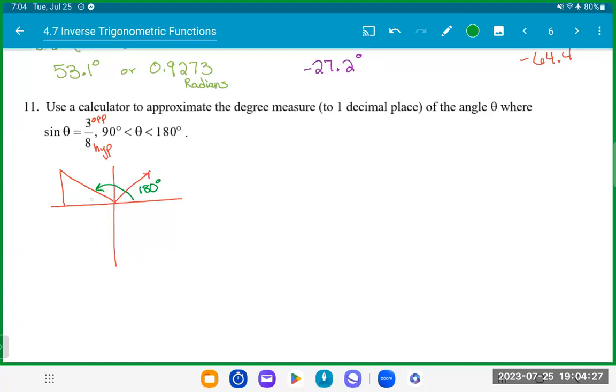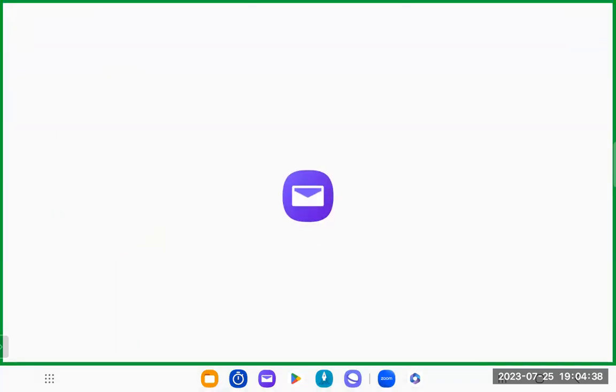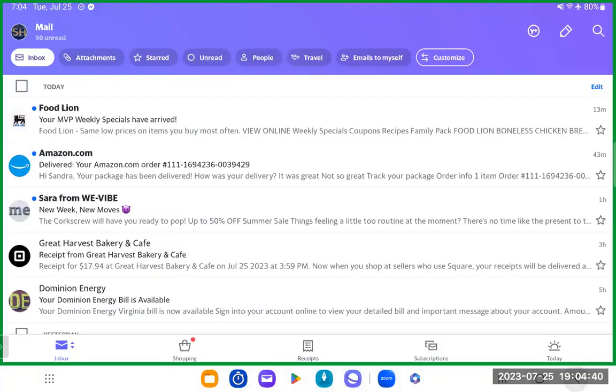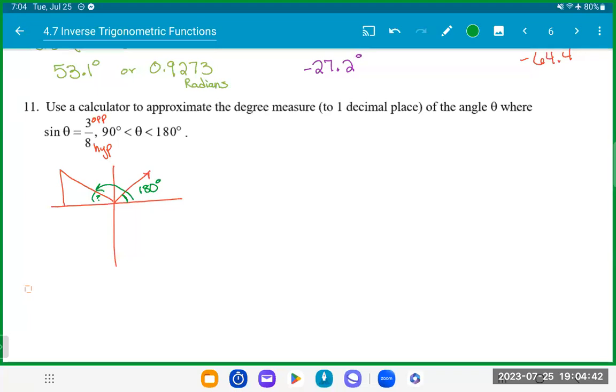Well, first, I don't know what my reference angle is here. This reference angle is the same as this reference angle over here.